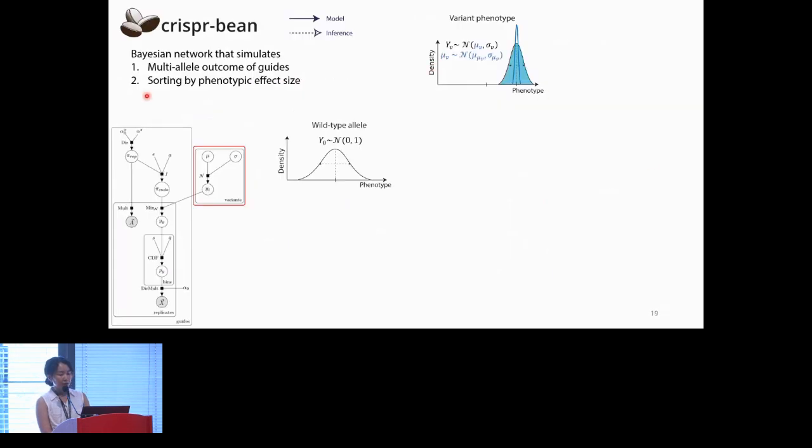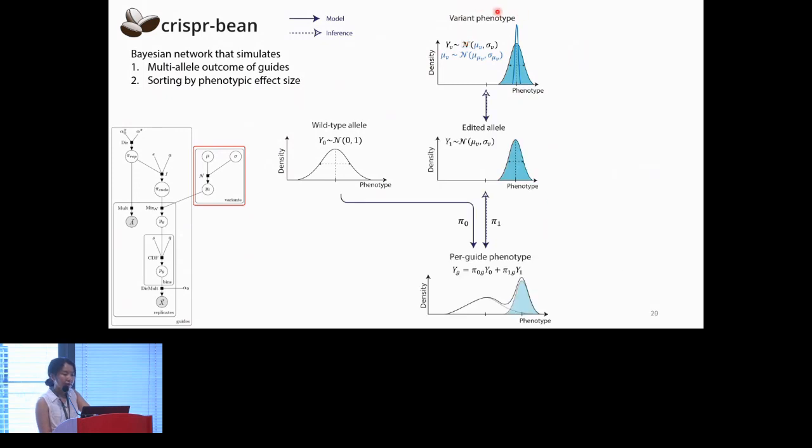On the left, I'm showing the plate diagram for whoever is more used to this notation. And on the right, I'm explaining in more detail. Here, we are assuming the wild type allele has a standard normal phenotype, which will serve as our reference for the variant phenotypic shift. So for each variant, we are assuming a normal distribution with some shifted mean or variance.